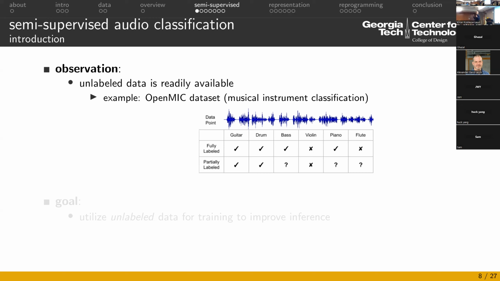Whether the instrument is in there, or whether the instrument is not in there, or whether there is no comment on that. So we have labeled parts, positive and negative labels, and then we have actually a lot of unlabeled things. And these question marks can mean the instrument is playing or not, we just don't know. The users didn't annotate that.